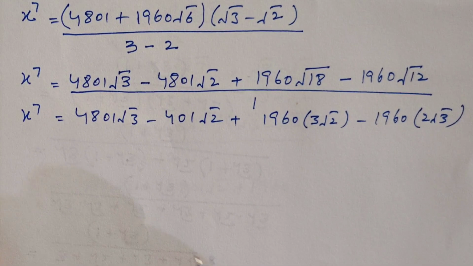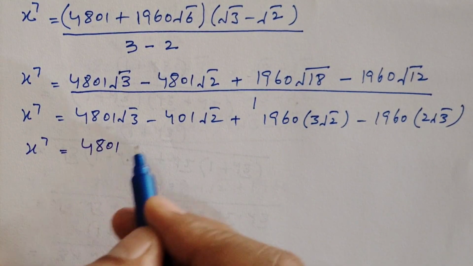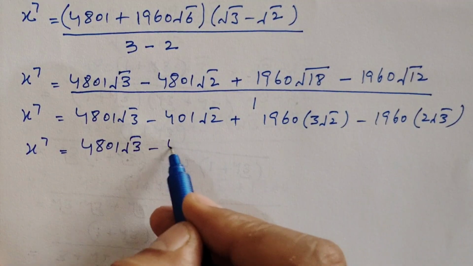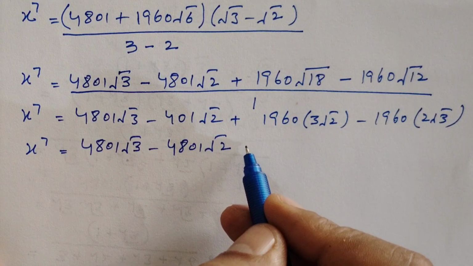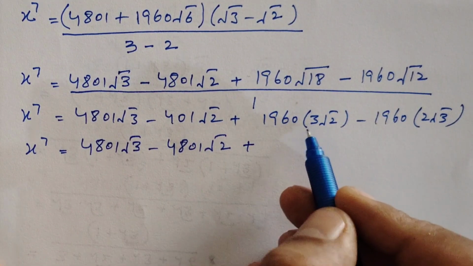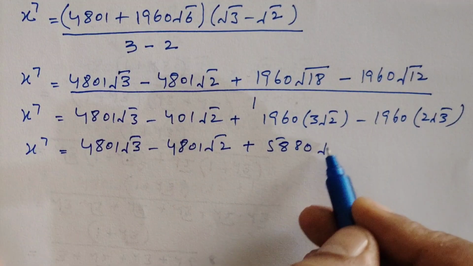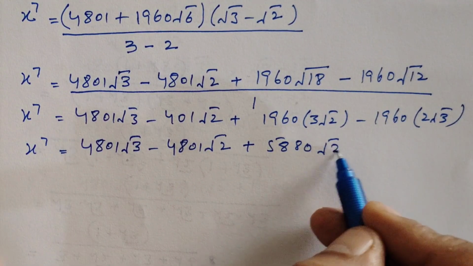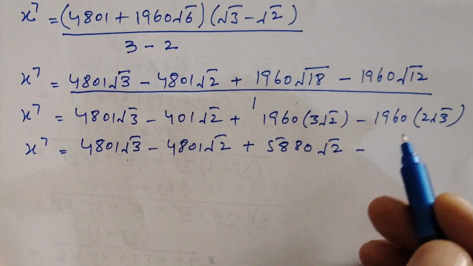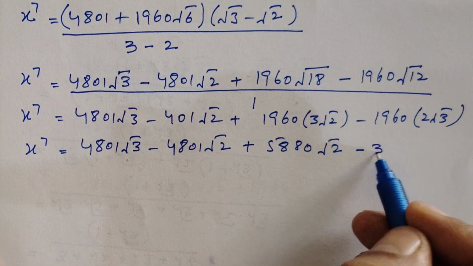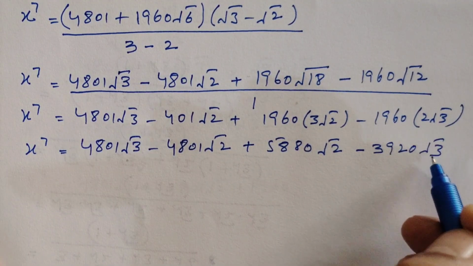Now further, x power 7 is equal to 4801 square root of 3 minus 4801 square root of 2 plus 1960 multiplied by 3 is equal to 5880 square root of 2 minus 1960 multiplied by 2 is equal to 3920 square root of 3.